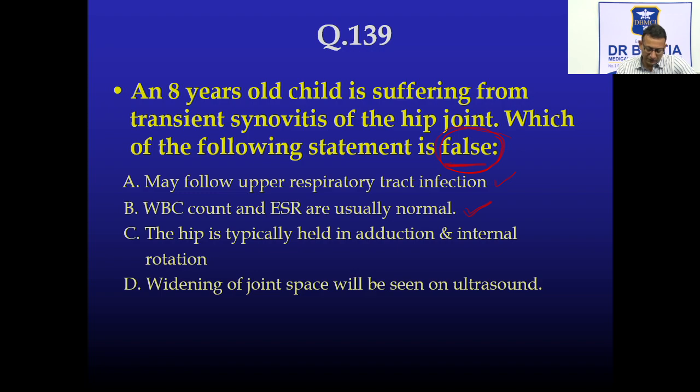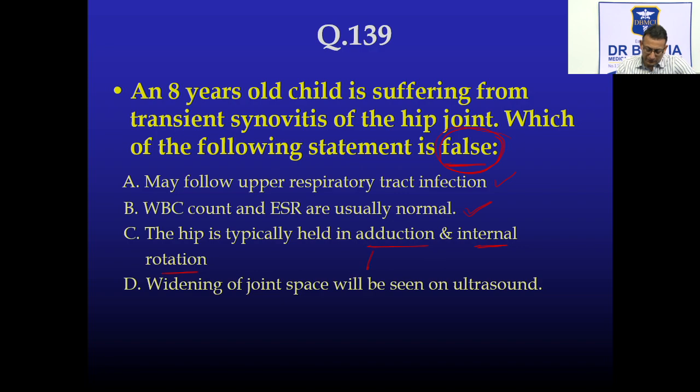So, the hip is typically held in adduction and internal rotation. We all know whenever we have synovitis or fluid inside the hip joint, our hip joint will try to accommodate the fluid by creating the maximum space, which can be done if the hip goes into flexion and abduction and external rotation. Okay.